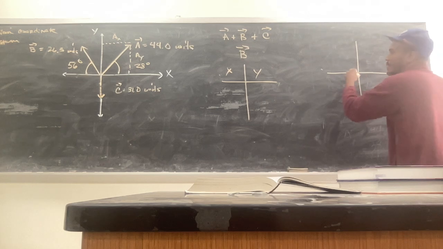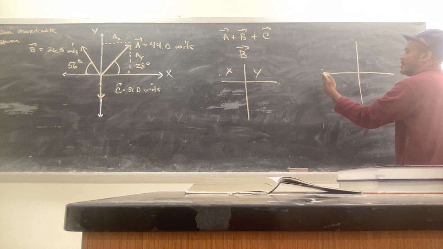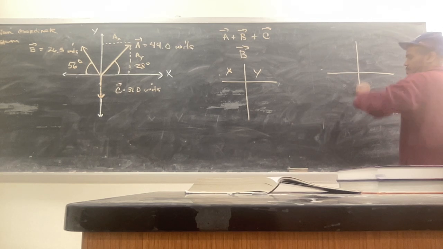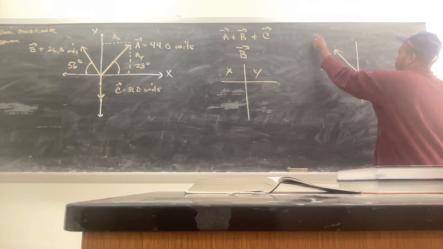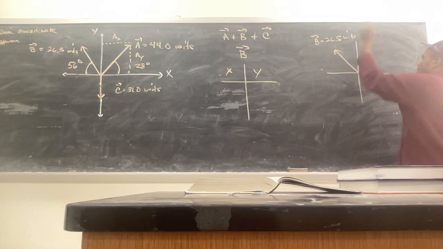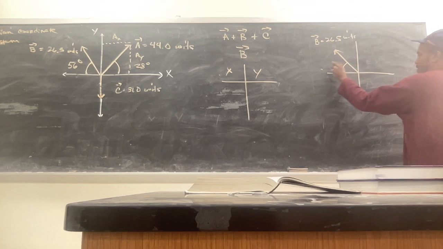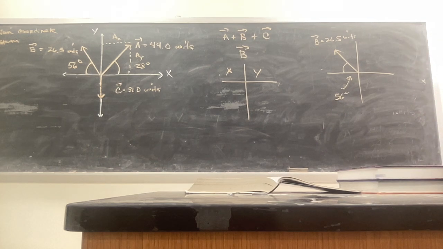Second quadrant, right? That's B. 26.5 units, and 56 degrees with respect to the negative x-axis, north of the negative x-axis.